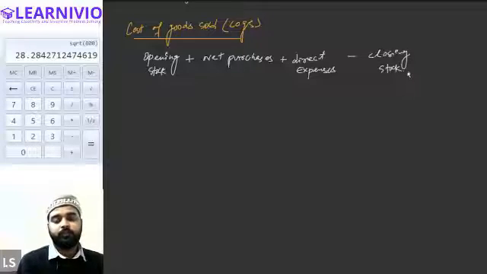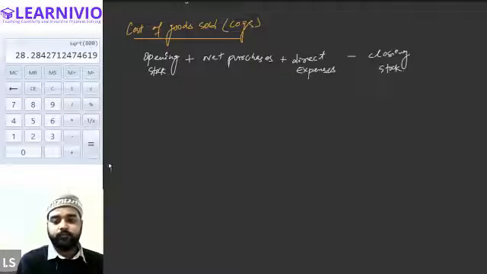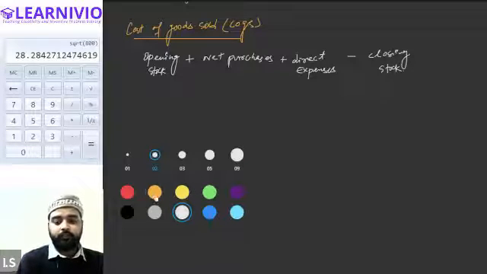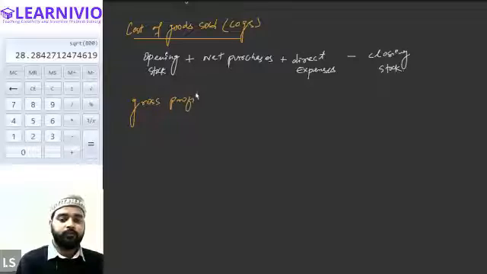So this is how we calculate the cost of goods sold. Is that clear, everyone? And one more thing here. If the question asks you to calculate the gross profit, we can do that using cost of goods sold.